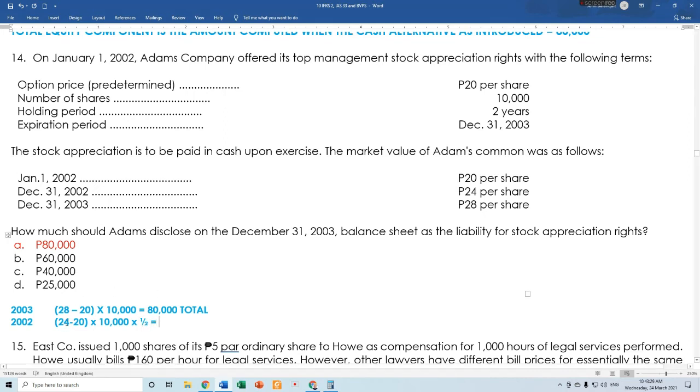Okay? So that's going to be basically 4 pesos times 10,000, so that's going to be 40,000 times 1/2, so that's going to be 20,000 lang. Ito yung total. Okay? So, basically, ang expense mo this year, okay, will be 60,000. Pero, accumulated is 80 na. Okay, so yun siya. So, ganun lang naman yun.